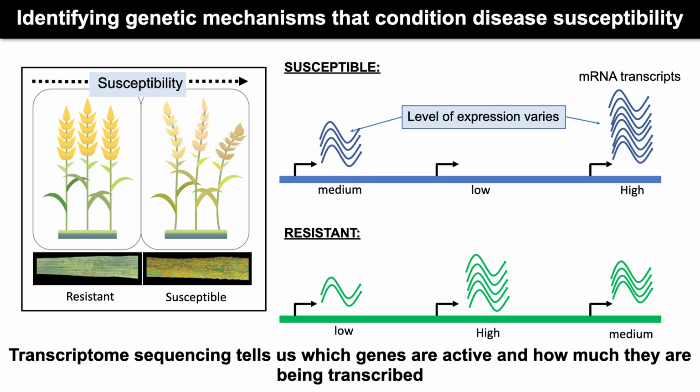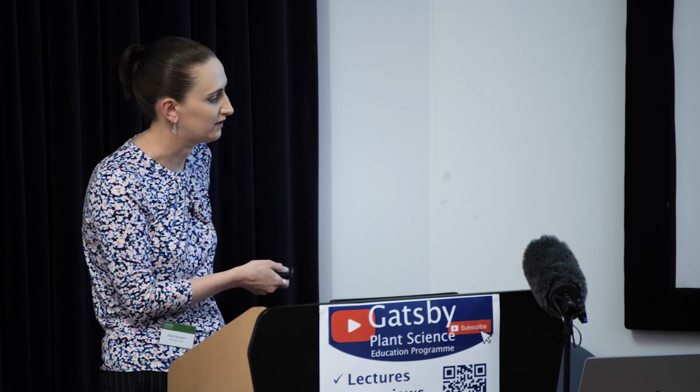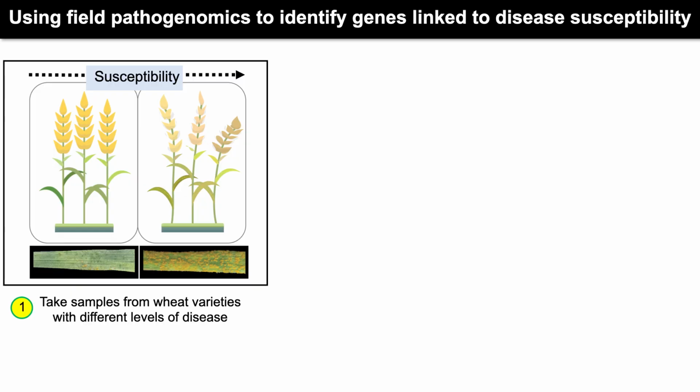So some genes will be turned on a small amount, some genes will be turned on a lot. We can also look at the amount of data relating to each of these genes, the number of transcripts being created, and that allows us to work out the amount of expression for each of our genes. And so then we can compare the two. We have all of this valuable information from our transcriptome sequencing.